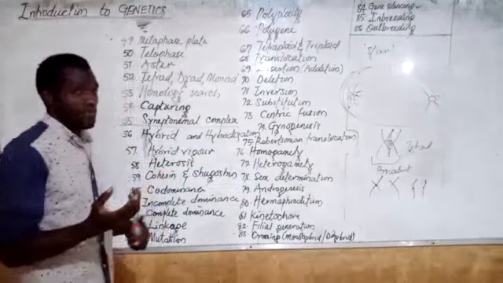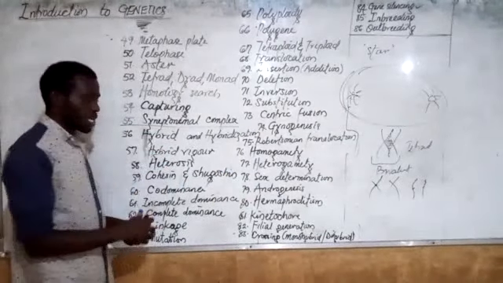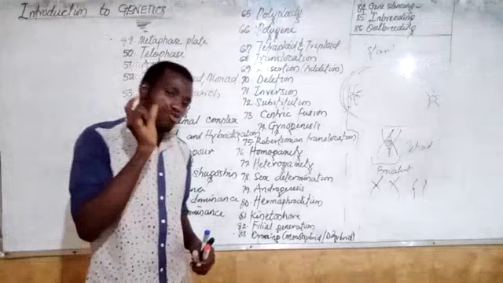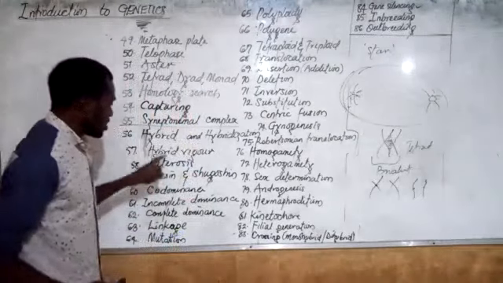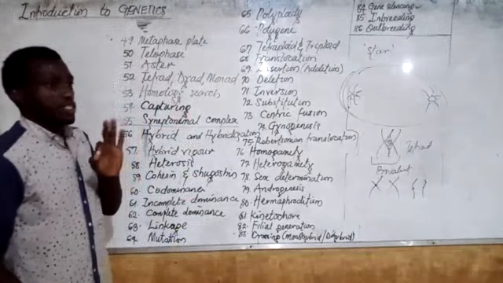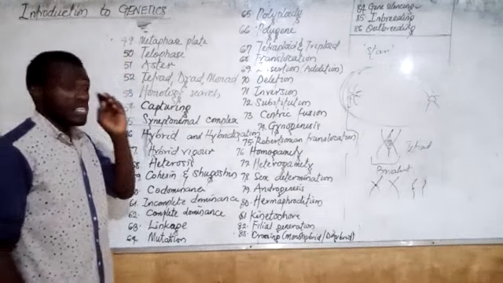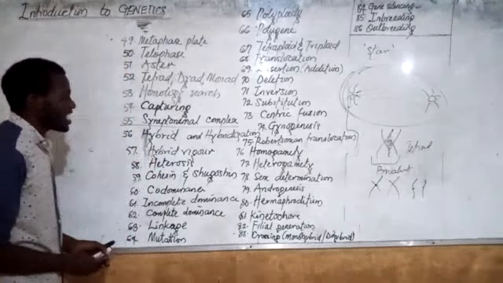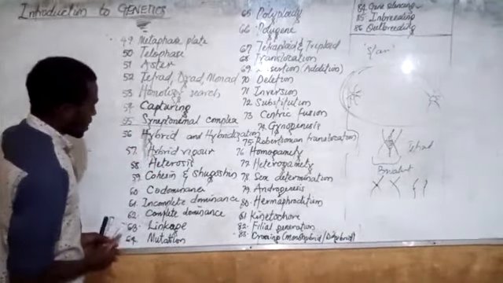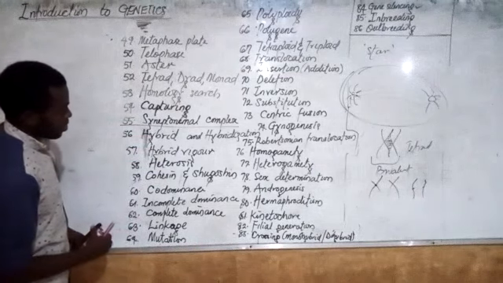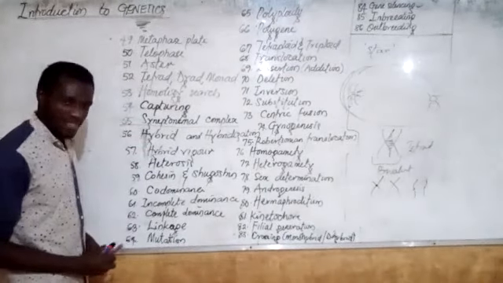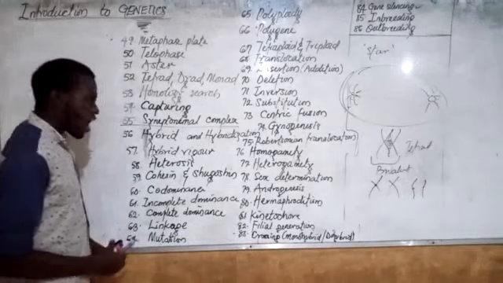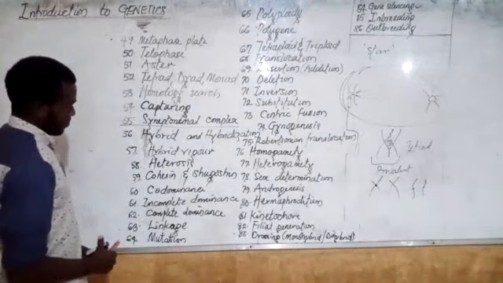In fact, it's the same, but heterosis is talking about a specific trait that the hybrid has over the parent. You see, hybrid vigor is also called heterozygote advantage or outbreeding advantage.